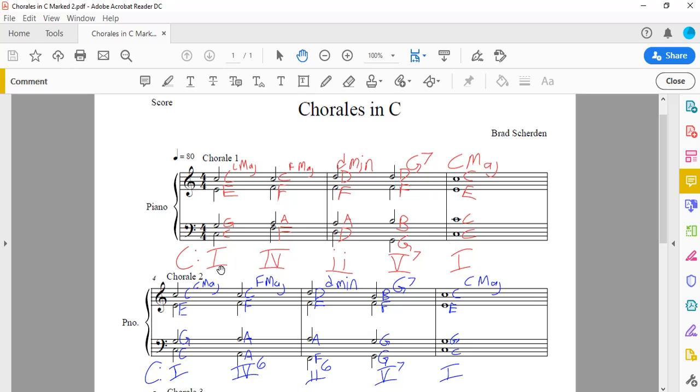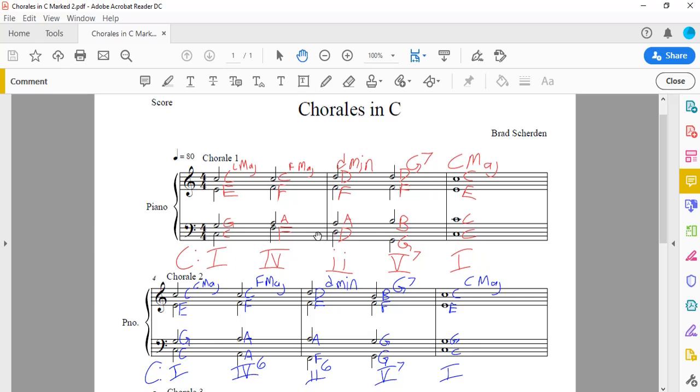Once we have established that we're in C major, we can look and see that both of these chorales are 1, 4, 2, 5, 7, 1 chord progressions. So they have the same general chord progression, but they have a couple differences with how they actually go about it.